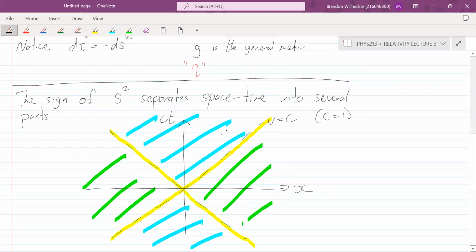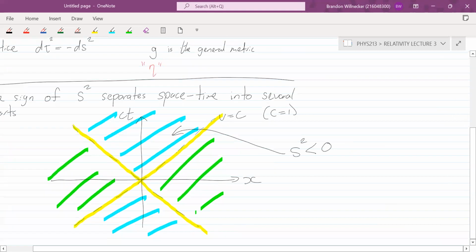Okay, so this portion over here in this top part, this is where s squared is less than 0. We call this time-like. Okay, this green portion here, this is where s squared is greater than 0. We call it space-like.